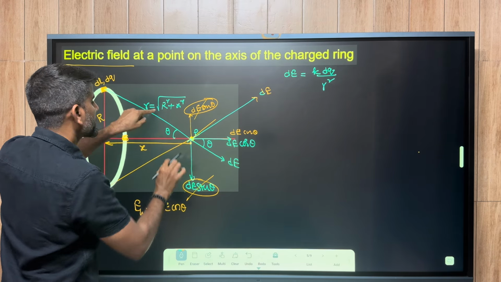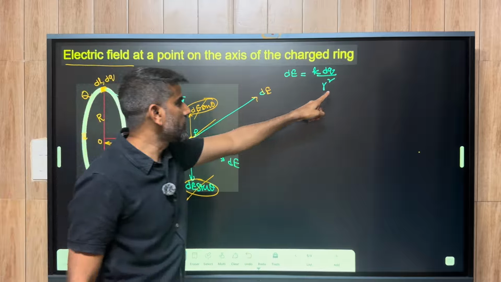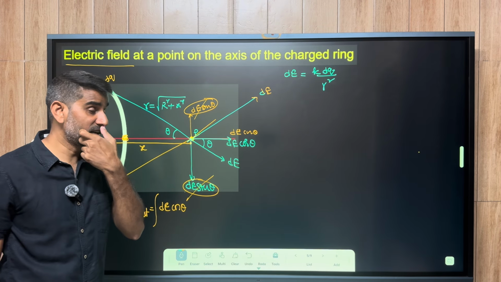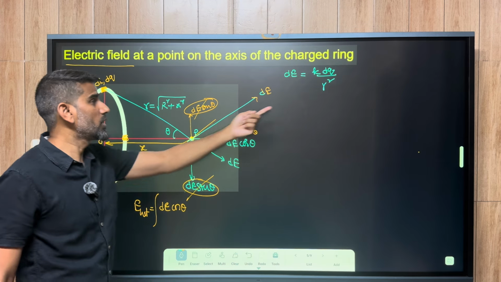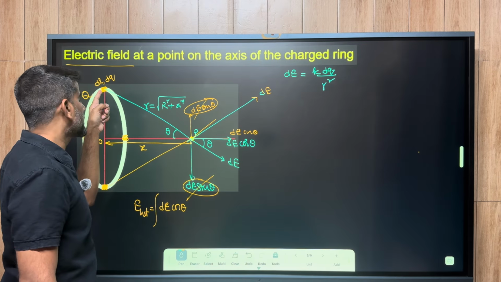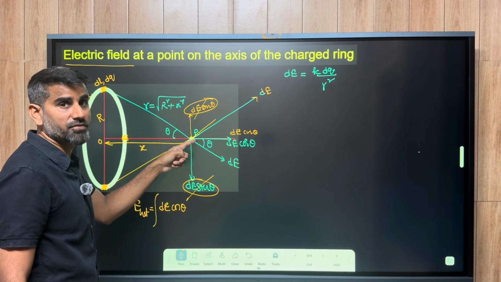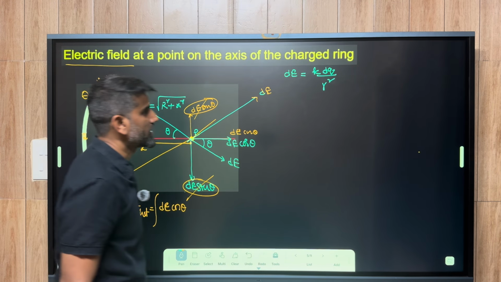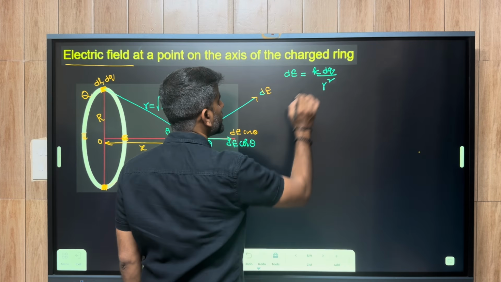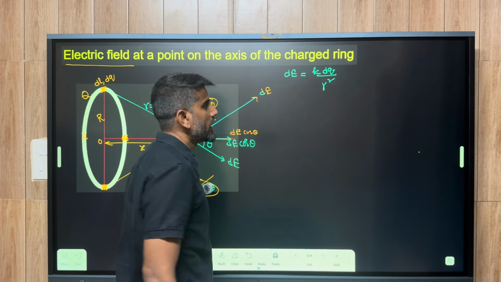The distance between these two is r. So it is always right to take small r square, not the capital R square. Taking the radius of the ring squared gives wrong results. We need the distance between the point charge and the point of interest, which is r square. So k dq by r square.